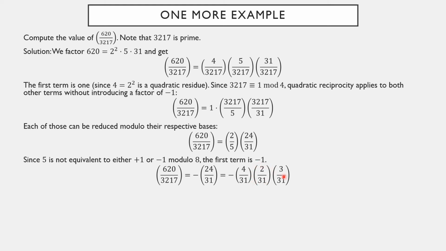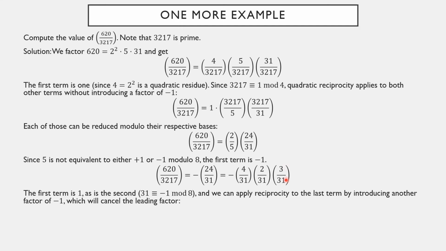Then in the last term, I'm just going to have 2 distinct odd primes. So here I get a 1. Here I also get a 1. I still have this minus sign carried from previous terms. But now I have 3 and 31 that are both equivalent to 3 modulo 4. So I can apply quadratic reciprocity, but I have to introduce another minus sign, which will actually cancel this one.